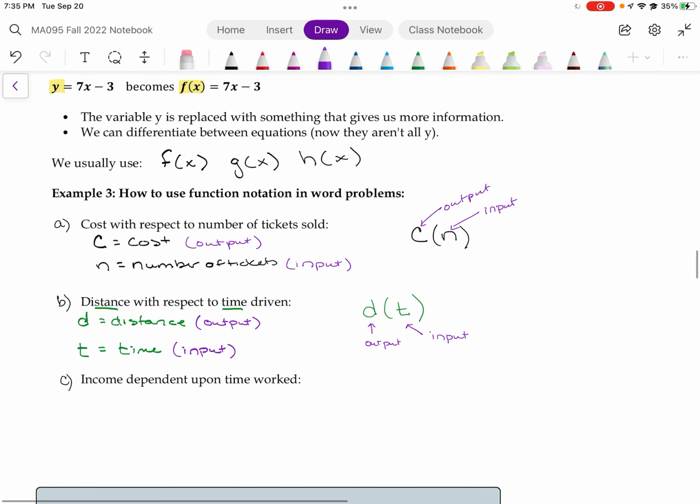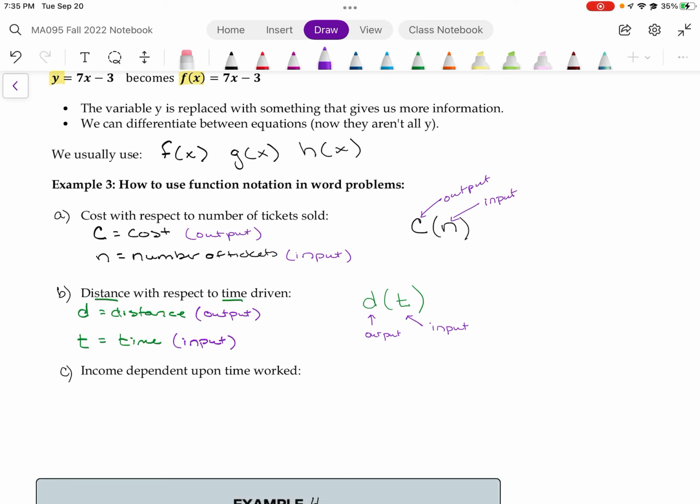All right, next one. Income dependent upon time worked. All right, so we've got income and time. You could say P for pay, but I'm going to use I just because the word is income. So that way we can keep track of what we're doing.